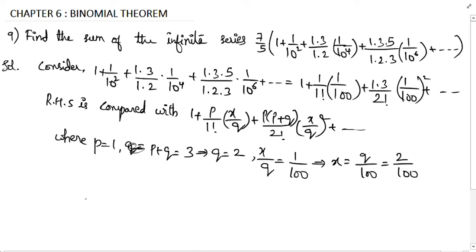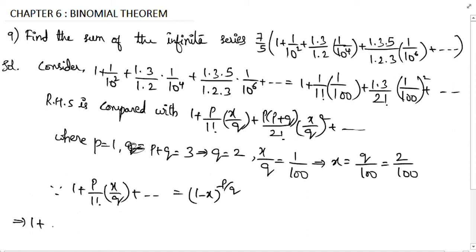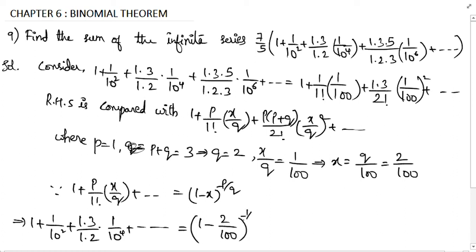Okay. So now since 1 plus p by 1 factorial into x by q plus so on is equal to 1 minus x whole power minus p by q, that implies our series, that is 1 plus 1 by 10 square plus 1 into 3 divided by 1 into 2 into 1 by 10 power 4 plus so on is equal to 1 minus 2 by 100 whole power minus 1 by 2.